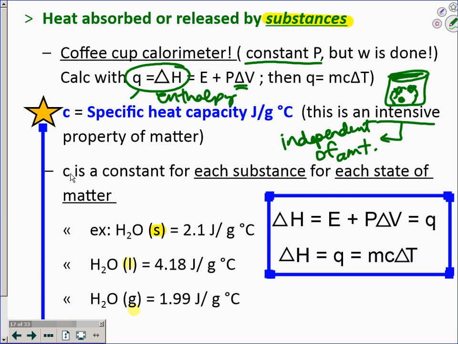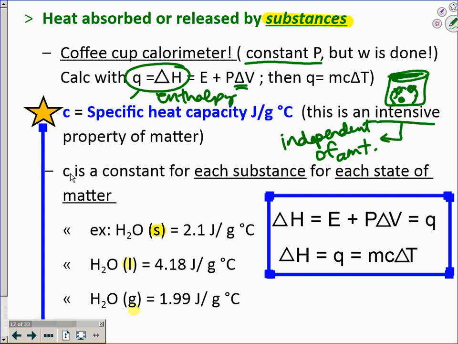Approximately. But many times we actually will have to go one step farther, which we'll do in our lab, and we'll have to calculate heat by doing Q equals mc delta T.